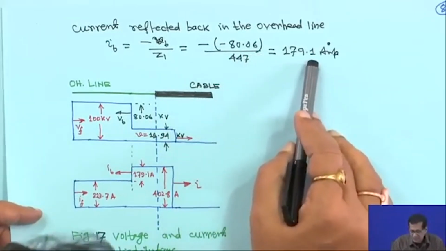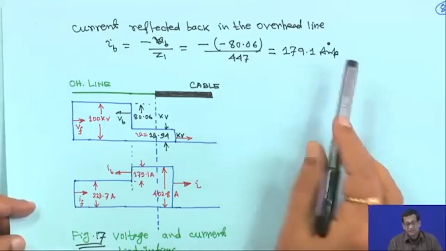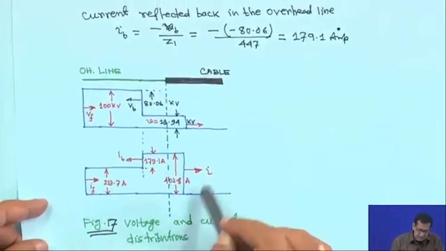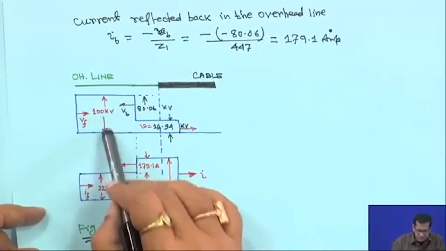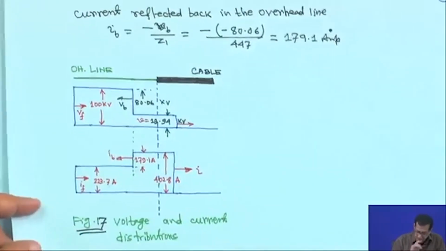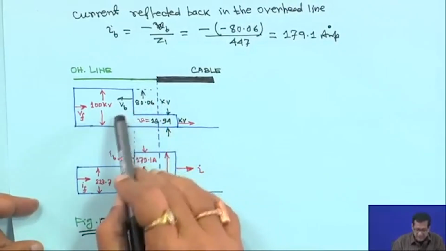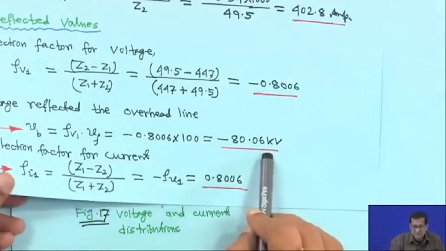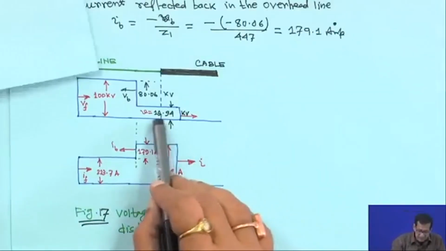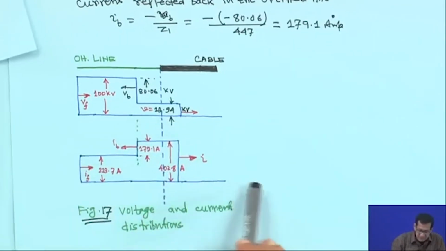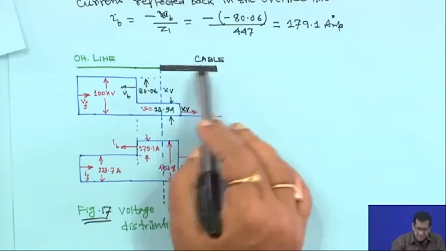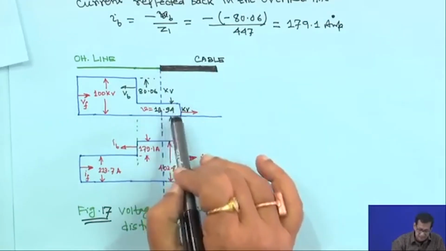So, that is 179.1 ampere. Now, the diagram of voltage and current distribution: initially the travelling wave is 100 kV, but voltage of 80.06 kV is reflected back. Ultimately, the resultant here, this is the overhead line, this is the cable and this is the junction, so I made it like this.